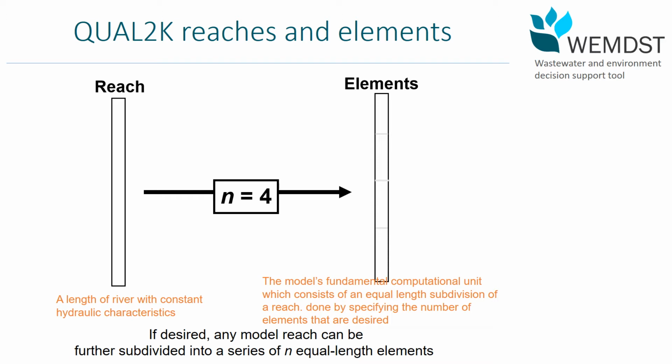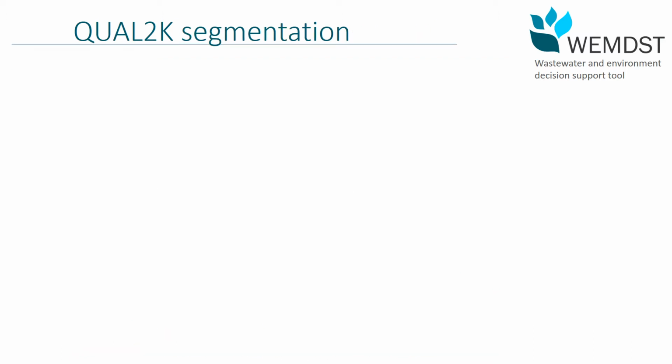In this case, as an example, this river reach is restructured in small components, enabling good resolution of what is happening with the water quality in each one of those components. What is important is that a river reach is a length of river which has similar and actually constant hydraulic characteristics. We will see later why hydraulic characteristics are important for the modeling of water quality.